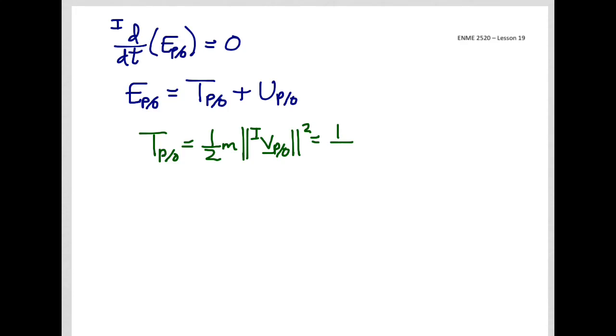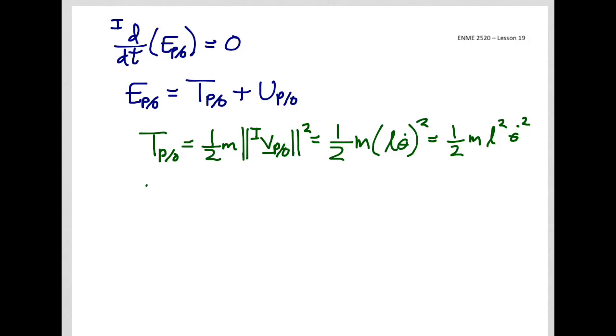We plug in our values here, so it's 1/2 m. We know that our velocity is L theta dot, so we'll put that in there as the norm, and then square that, and we get 1/2 m L squared theta dot squared.